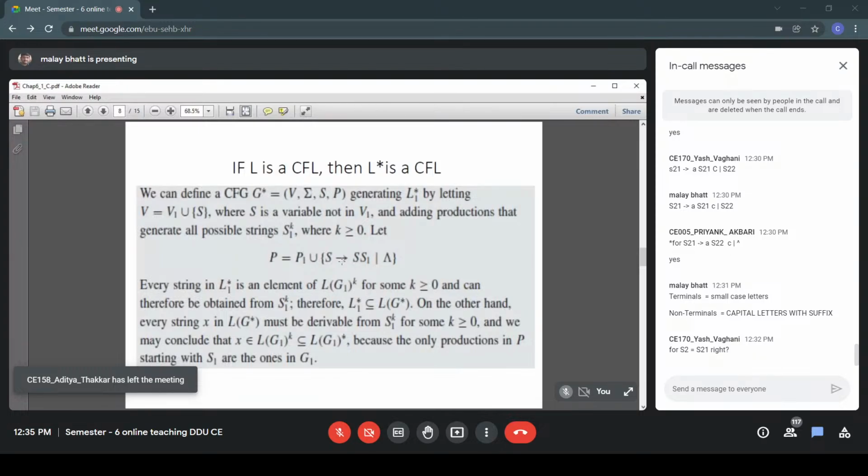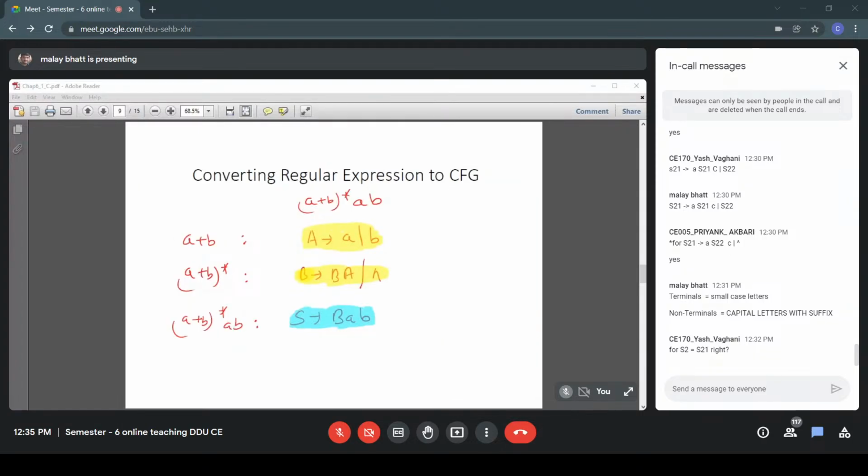So it is a concatenation of 3 different context-free languages. The first language is capital B, second language is small a, and third language is small b. So S gives capital B, small a, small b. I hope you are getting this, how you can convert regular expressions to CFG.